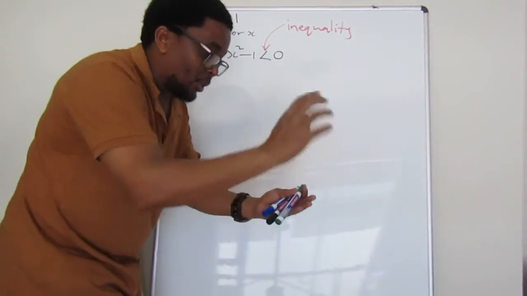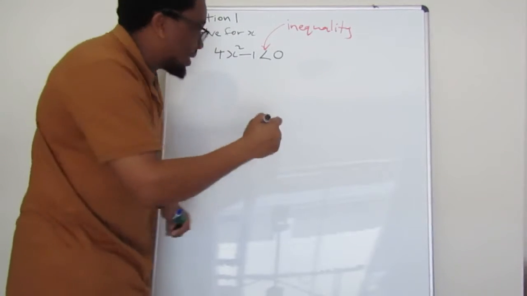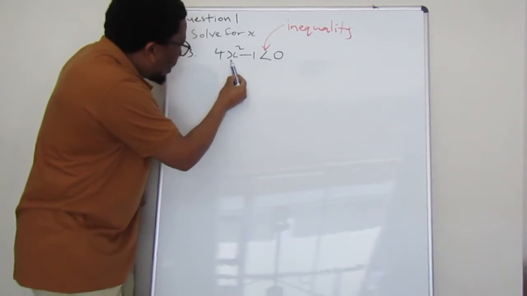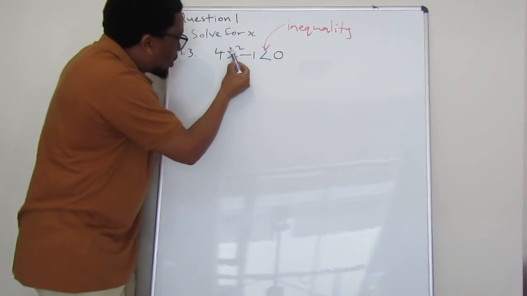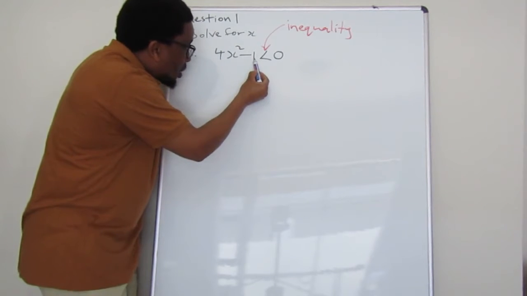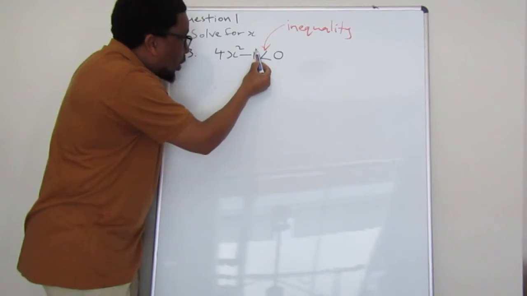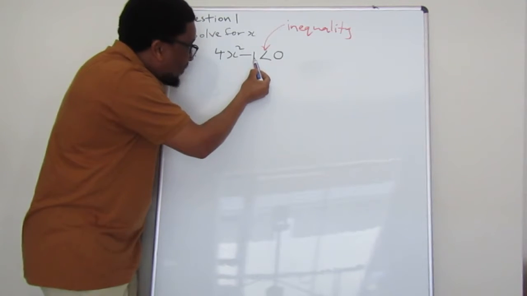Other attributes I will show you. So how do I go about this now? Here, I look at what I have. I've got 4x squared. 4 is a perfect square, x squared is a perfect square, minus. This is also supposed to be written as 1 squared, but we don't do it when we have 1. So this is also a perfect square.